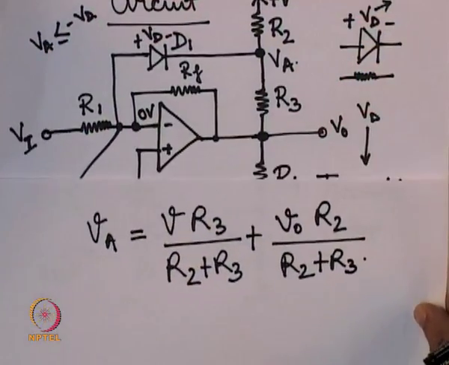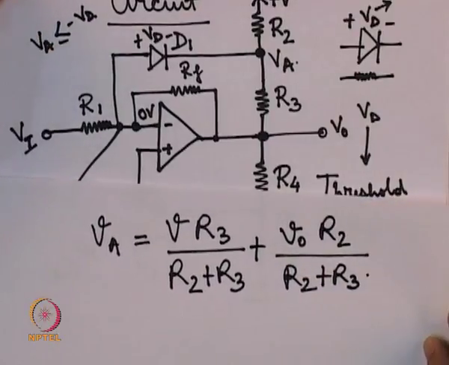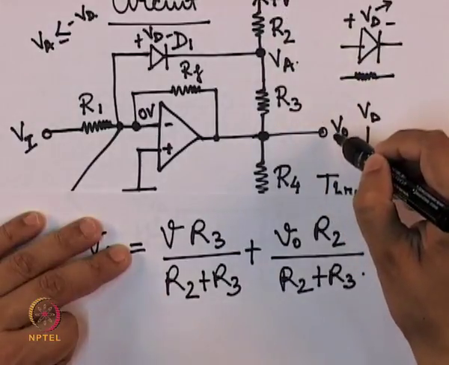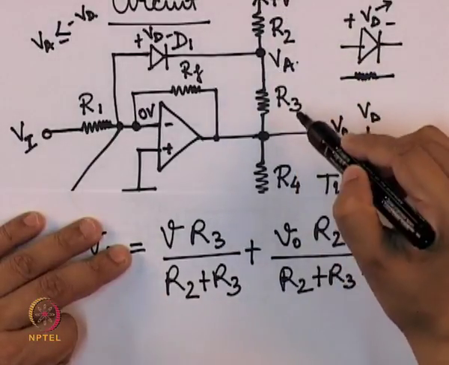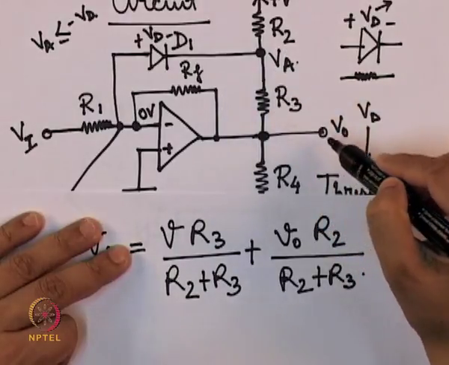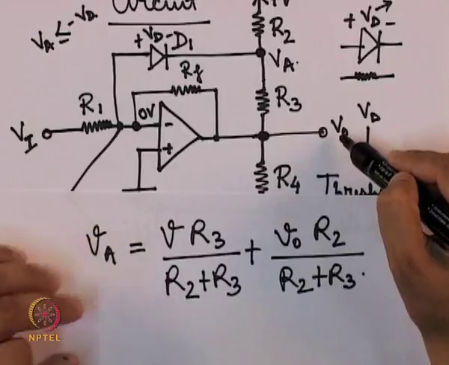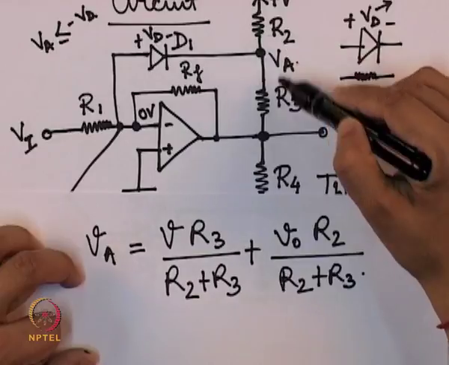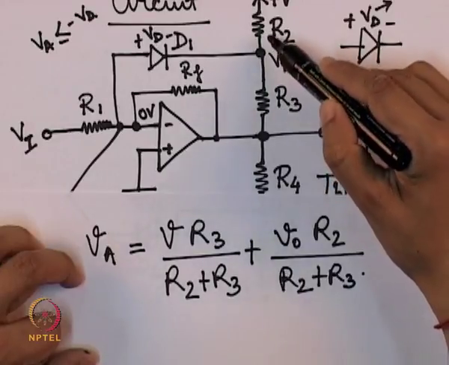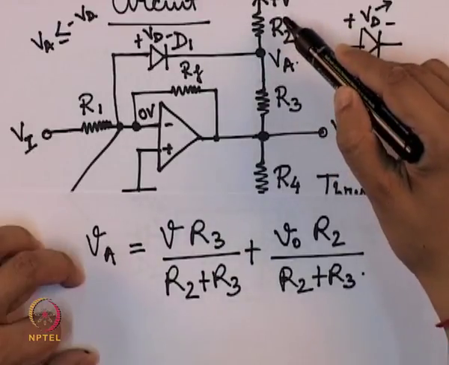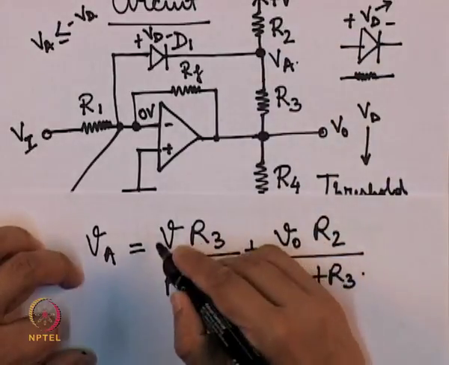Let us just consider this part of the circuit only. If plus V is shorted, then the contribution of V0 to Va is R2 divided by R2 plus R3 multiplied by V0, and if V0 is shorted, then the contribution of plus V to Va is R3, I beg your pardon, divided by R2 plus R3 into plus V. So, that is what we have written here.